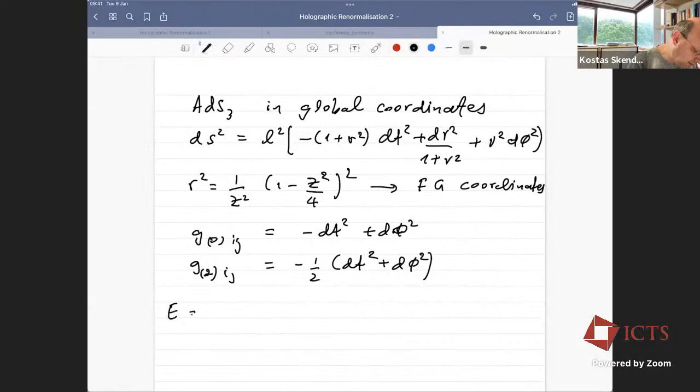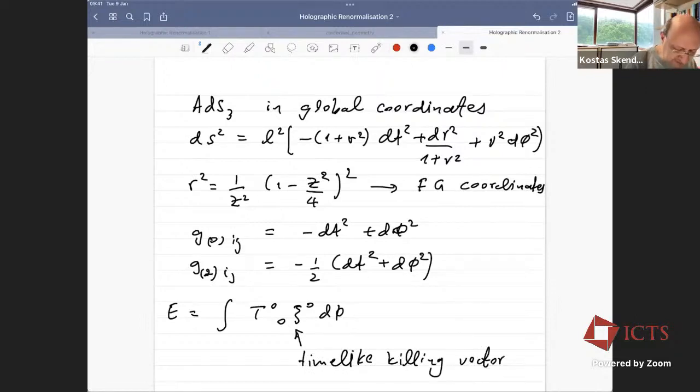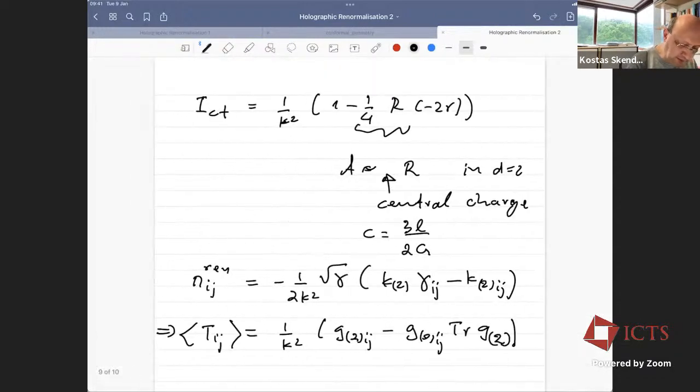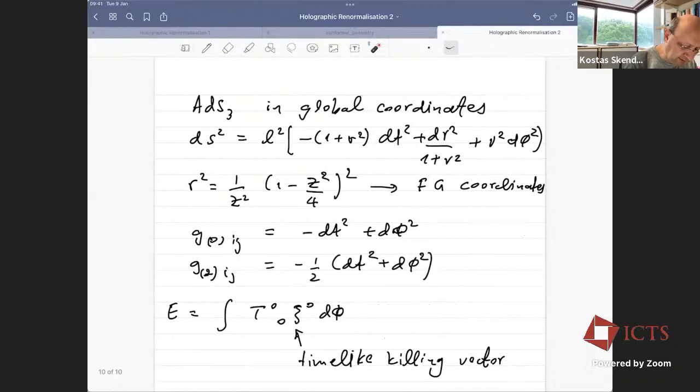So now the energy of the system would be T00 times the Killing vector, in this case just the unit. And now you can use this value, insert it there, and after half a line, you get that the answer is this.